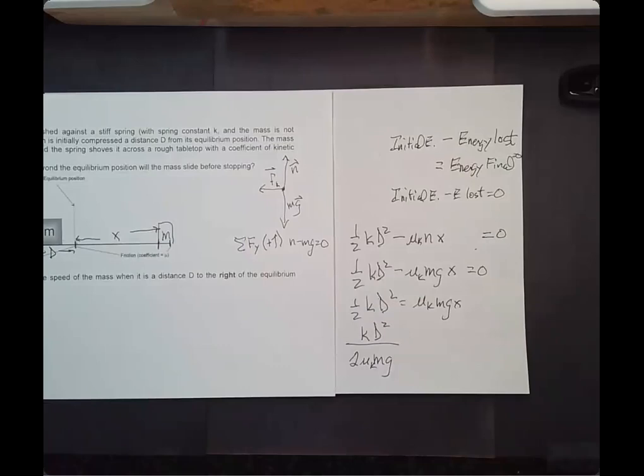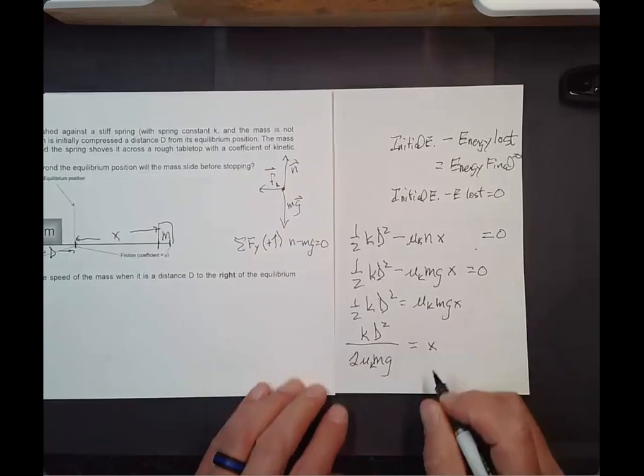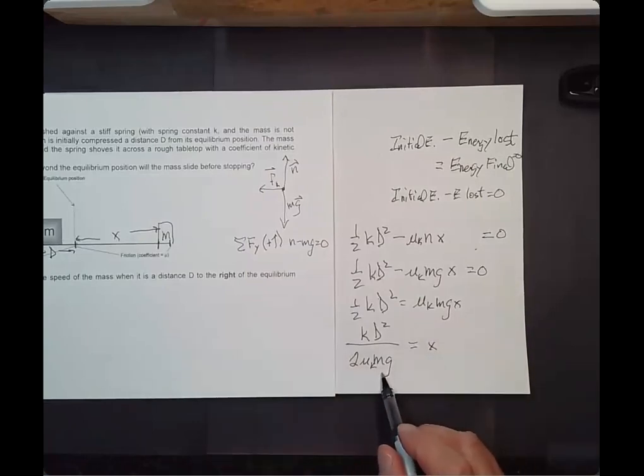But that's what it ends up being. So the distance traveled is inversely proportional to the mass. So the more mass you have attached to this, the less far it will go.